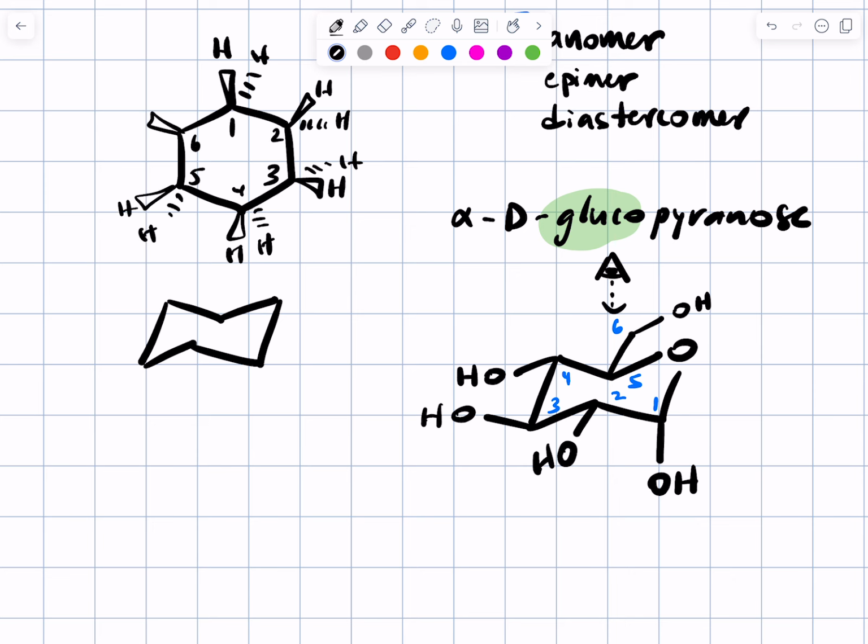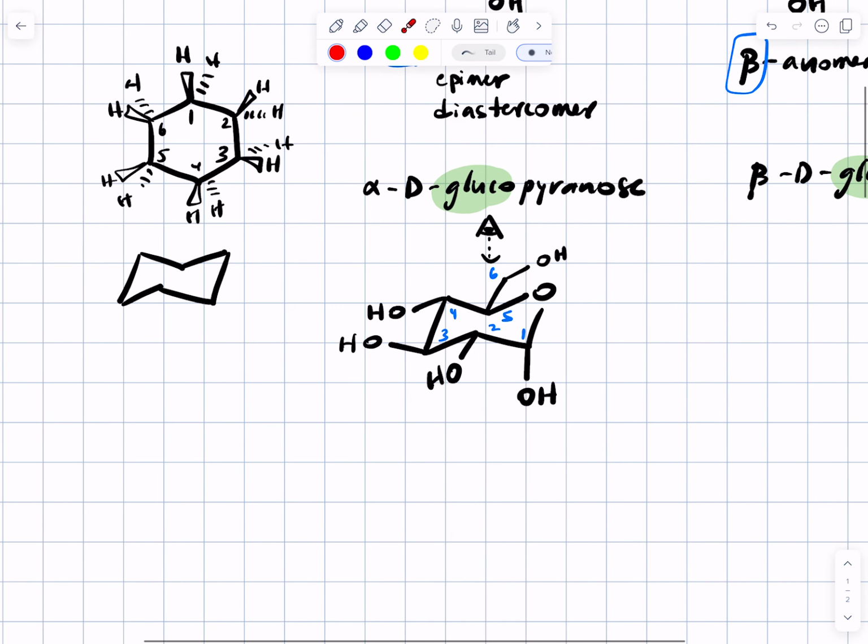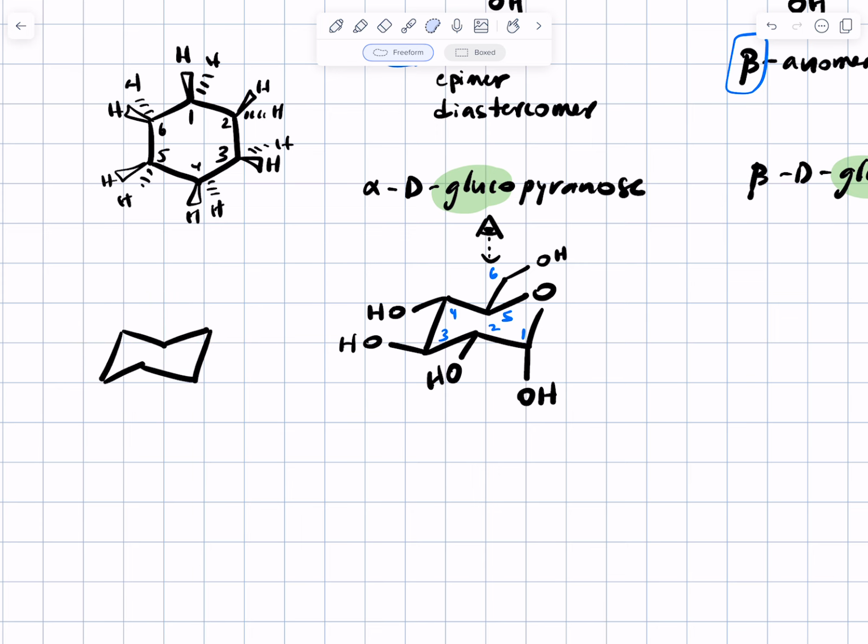And on each carbon in the chair, recall that one substituent will be axial and the other will be equatorial. In this chair, from our overhead view up here, carbons 1, 3, and 5 are all poking up out of the plane of the page. And if we look at it from the side, it looks like that. And then carbons 2, 4, and 6 are poking down into the plane of the page. And if we look at it from the side, it looks like that.